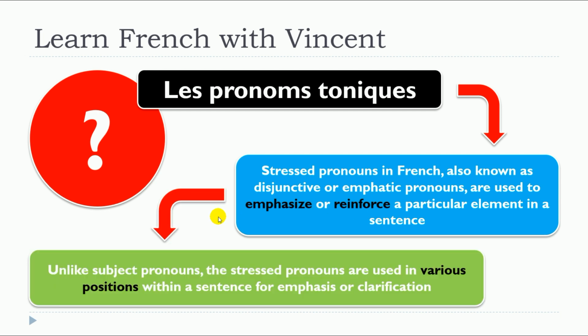And the second thing that is extremely important is that unlike subject pronouns, the stressed pronouns are used in various positions within a sentence for emphasis or clarification. So these pronouns will have this possibility to occupy various positions in the sentence.